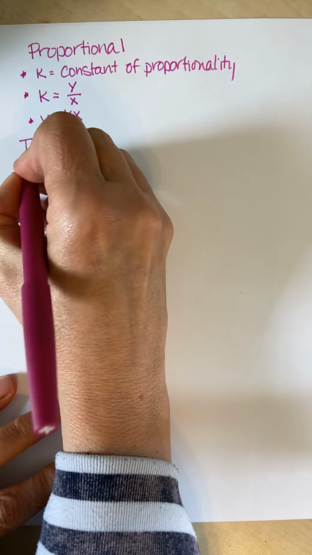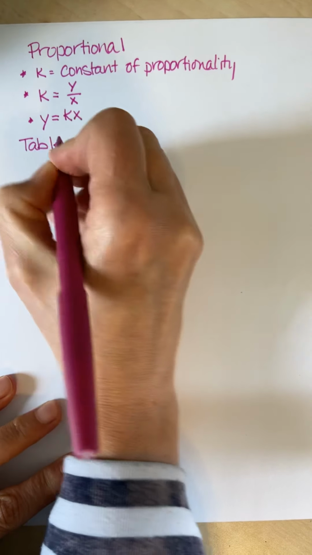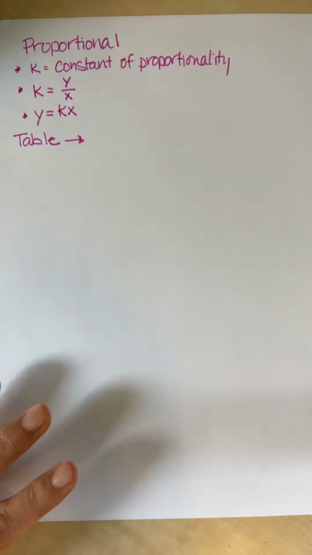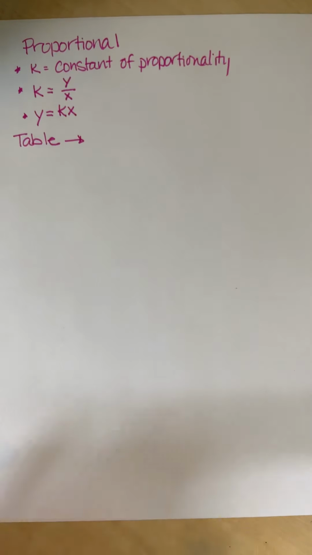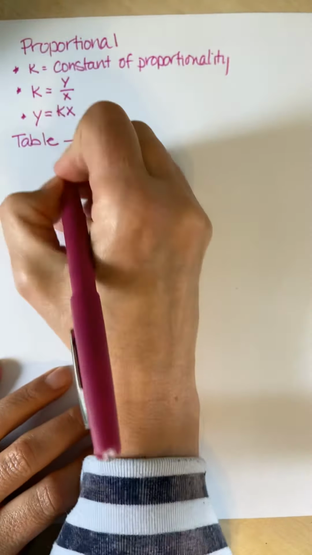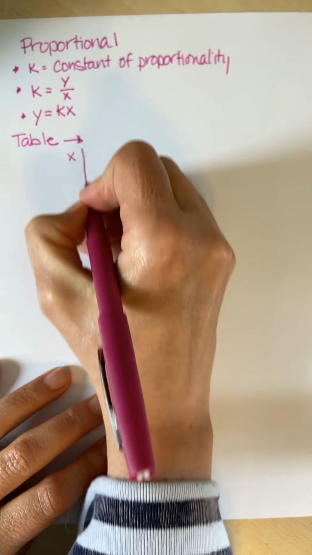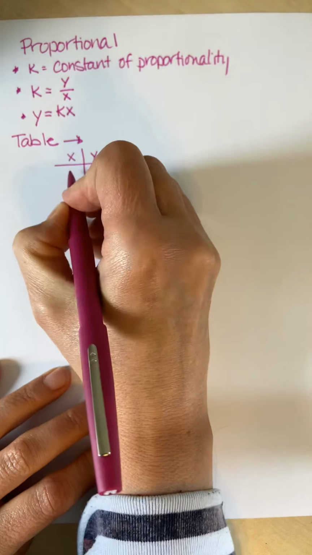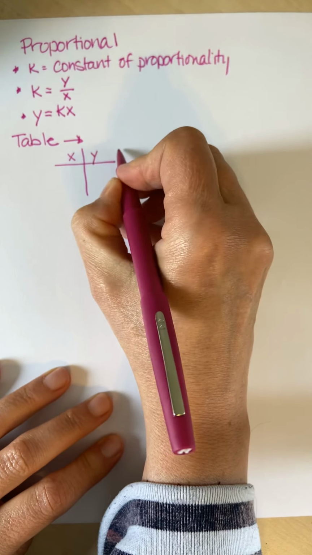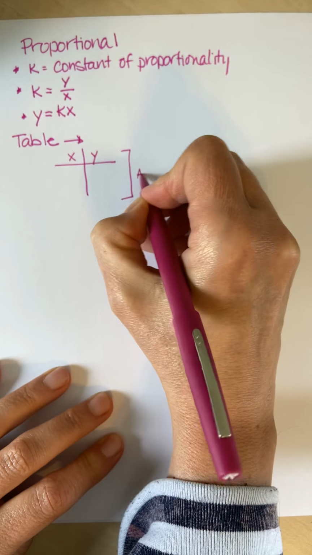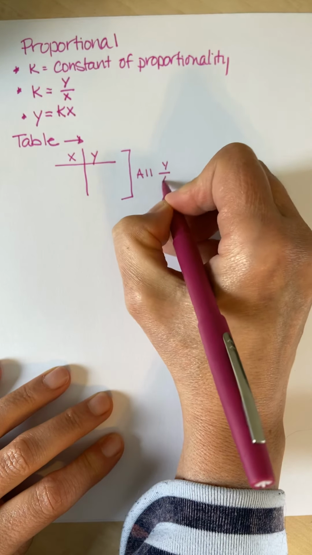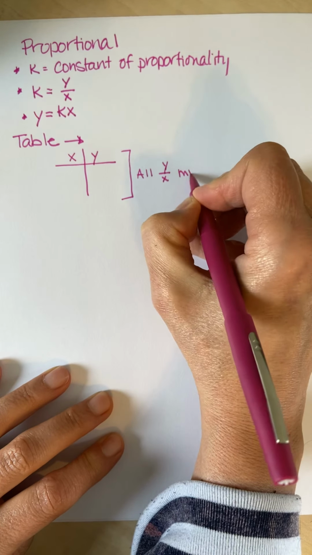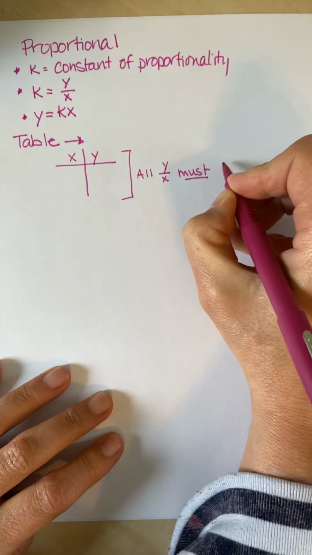If it's a table, make sure that all of your y over x's are the same. So if I had an x-y table, okay, it could be distance, time, doesn't matter, all of my y over x's have to be the same. Otherwise, it's not proportional.